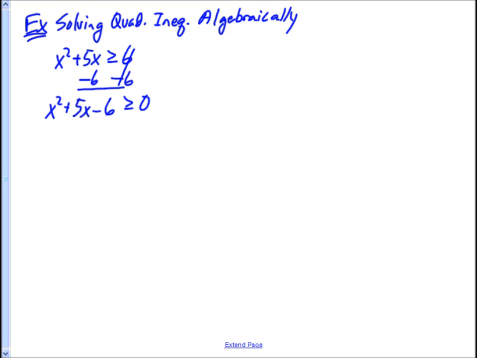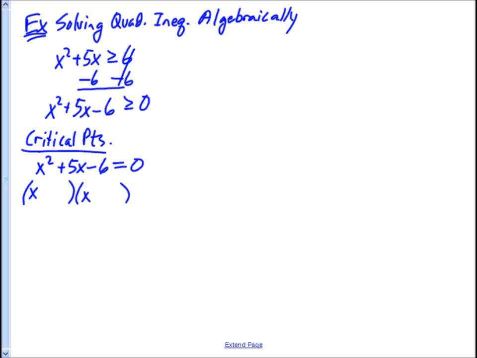Okay, so anyways, we're right here, and I say, you know what? At this point, what I want to find is what we call critical points, okay? I want to find critical points. In other words, the x values for which this is true. So we imagine this to be equal to 0 for a minute and find the x values for which this is true. And we go ahead and solve, let's do the easy way here and just factor this.